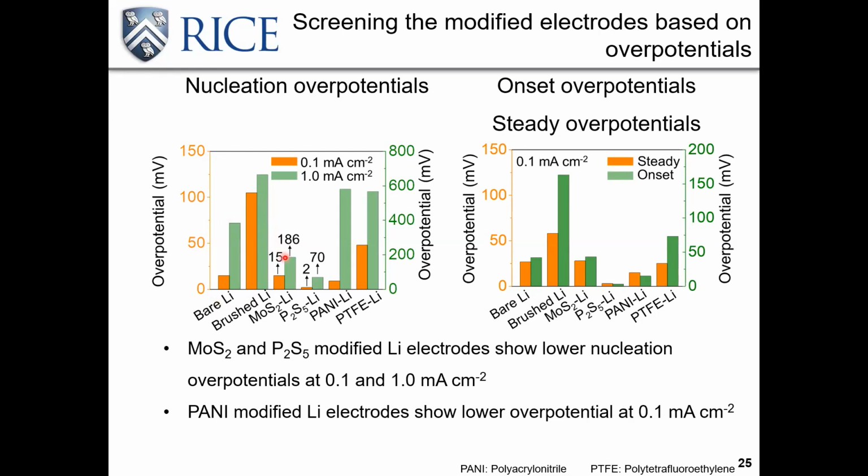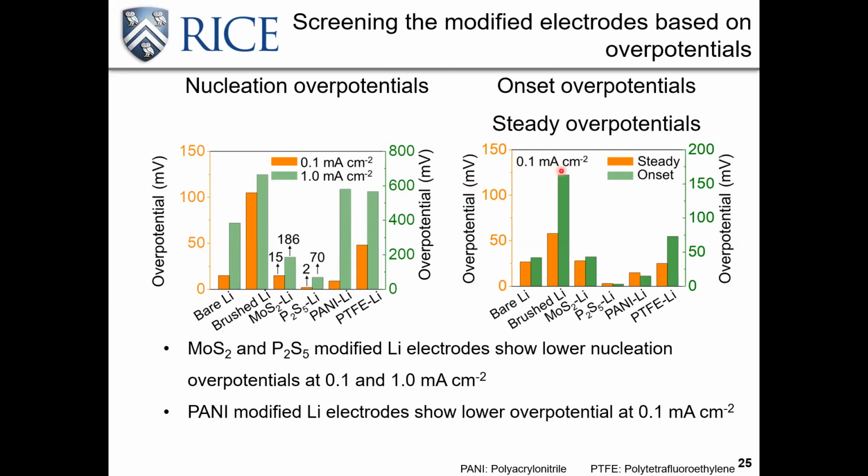Compared with bare lithium, the molybdenum disulfide coated lithium and the P2S5 coated lithium show a lower nucleation potential at both current densities. Polyacrylonitrile only shows a smaller nucleation potential at a low current density, which indicates limited modification performance. However, for the other powders like PTFE, and also the brushed lithium without powder, we can see a larger potential as shown here.